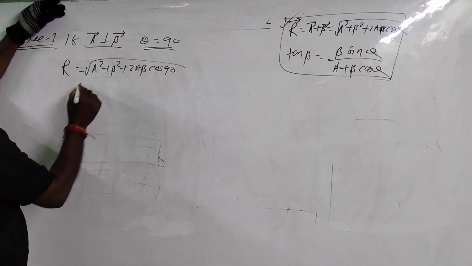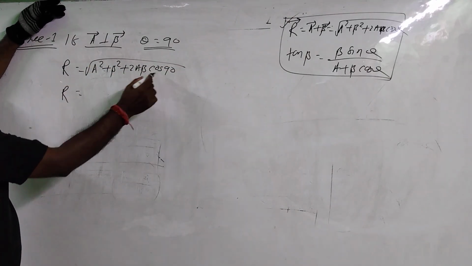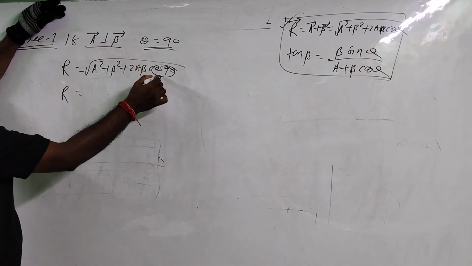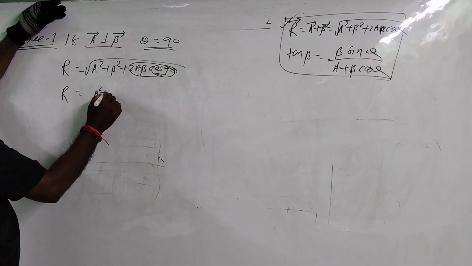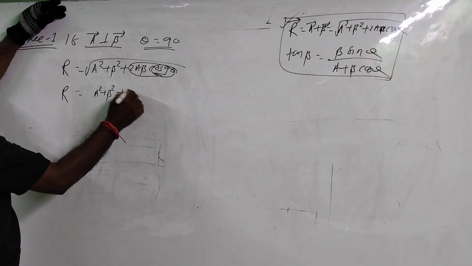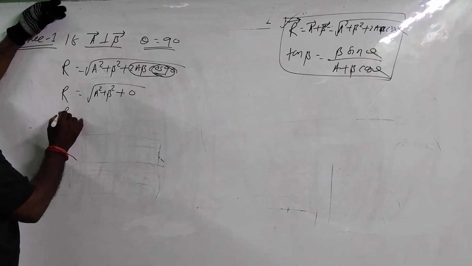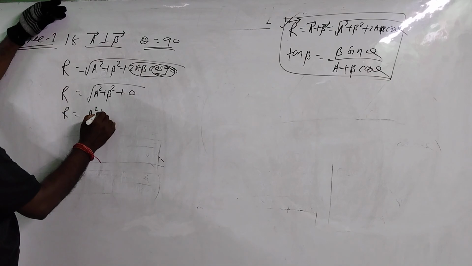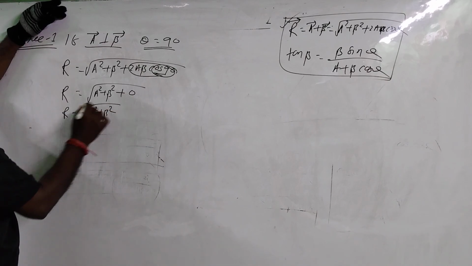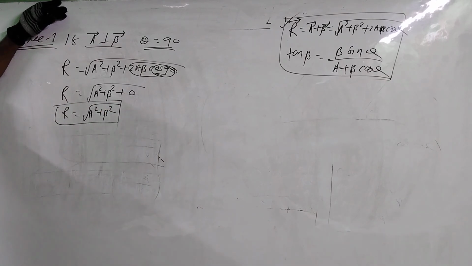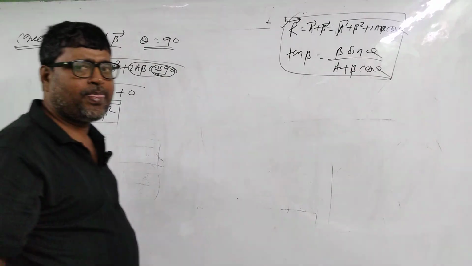Cos 90 is 0, so this term is 0. So A square plus B square plus 0, root. This is the resultant when two vectors are perpendicular to each other.